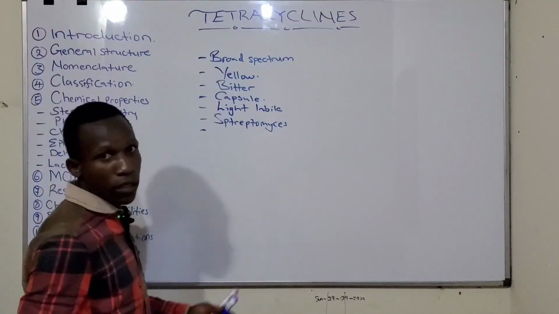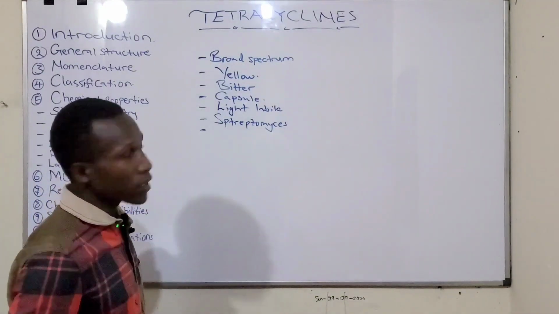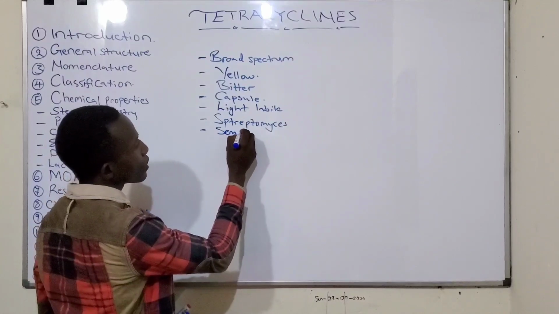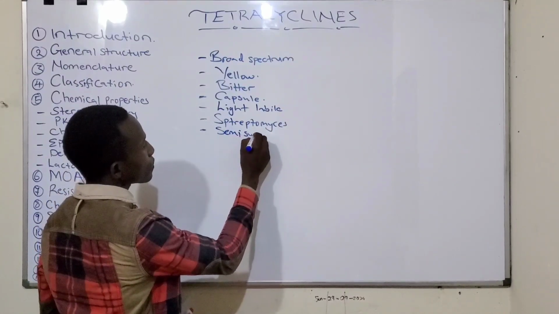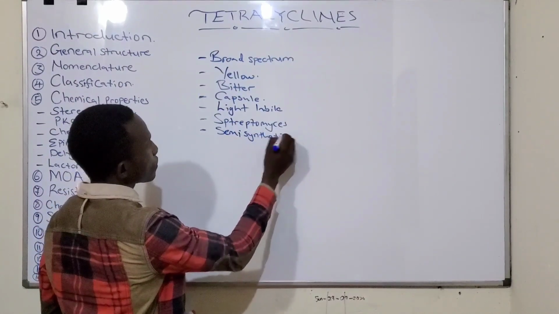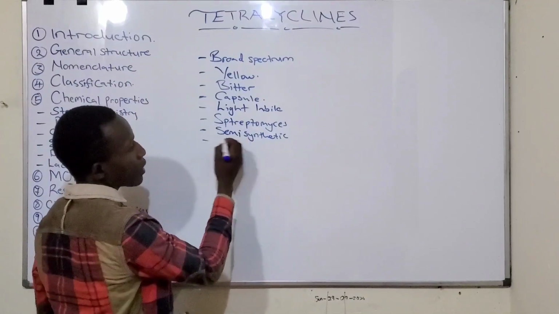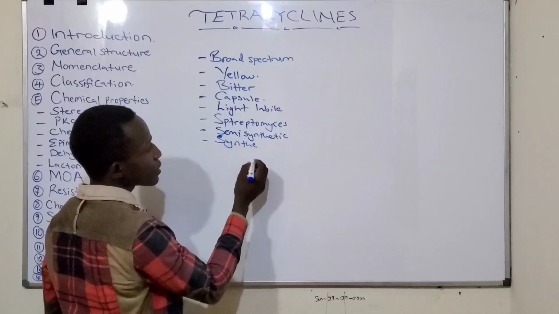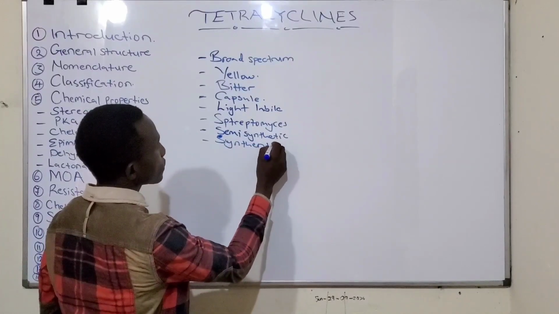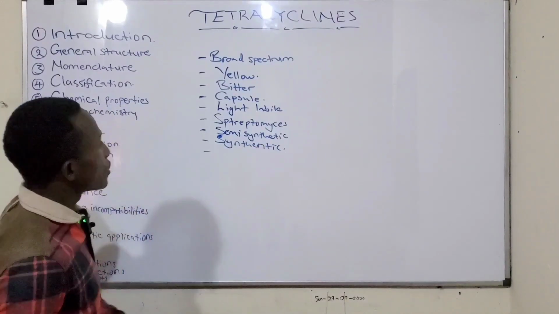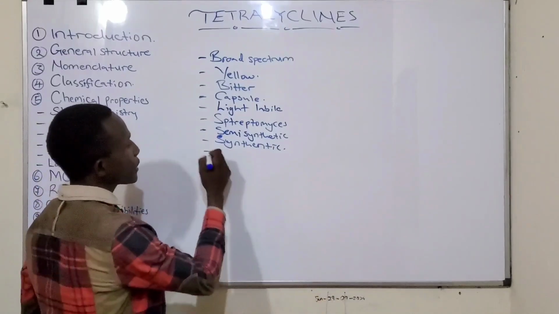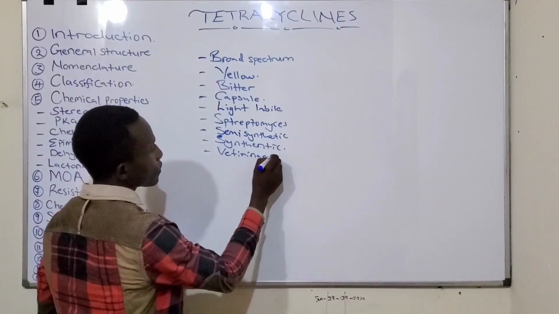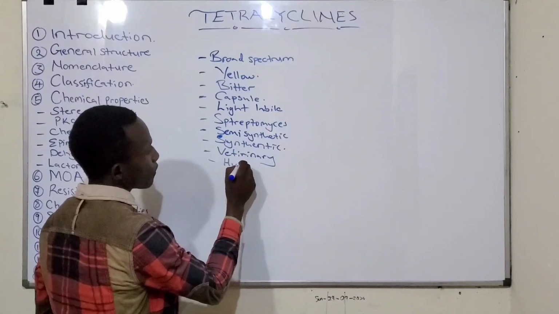Some of them are semi-synthetic and others are synthetic, like tetracycline. They are used in human and veterinary medicine.